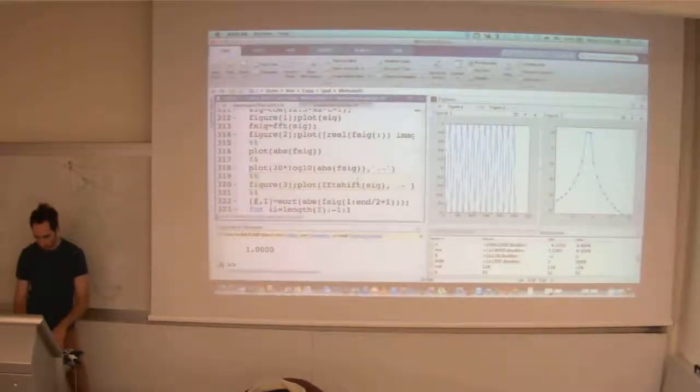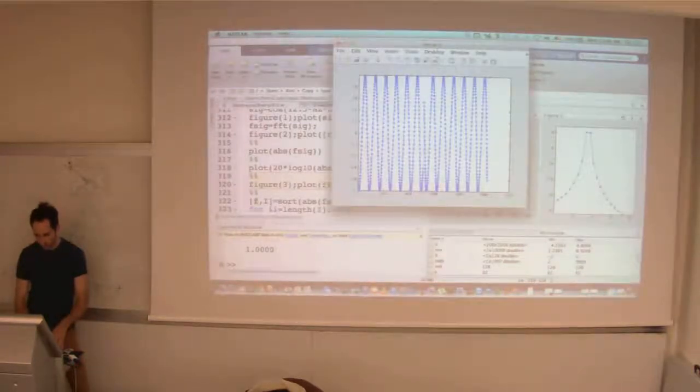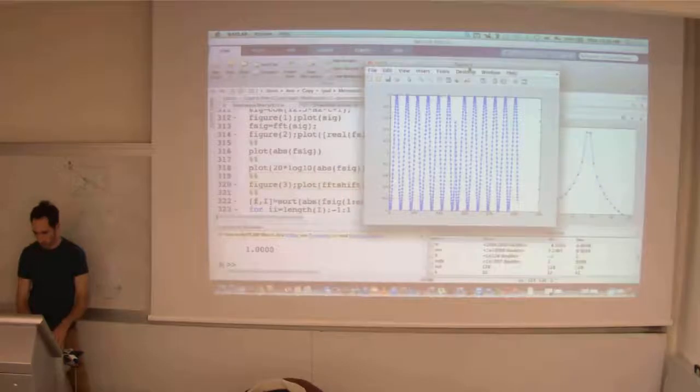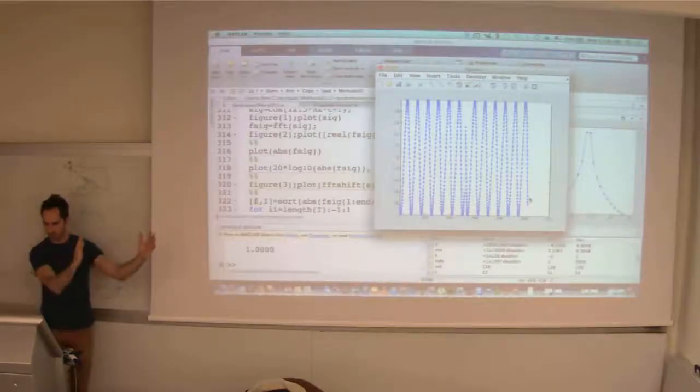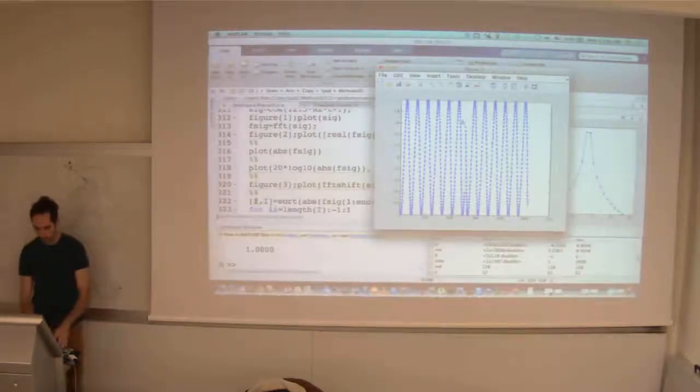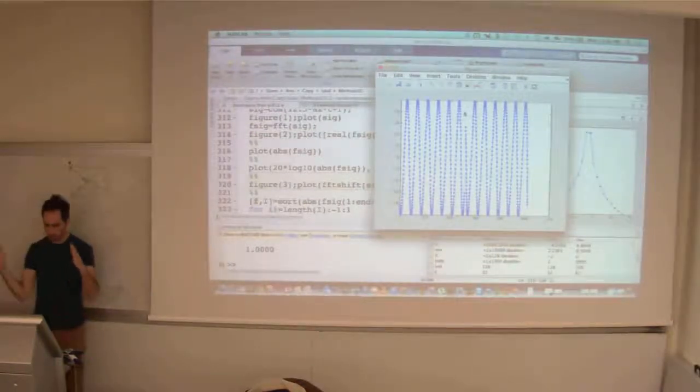And sometimes we have a nice function called FFT shift. You can look at it later on, but what I just did here was to shift the signal, and we can see the continuous point at the center. I just shifted everything and put it in the middle.